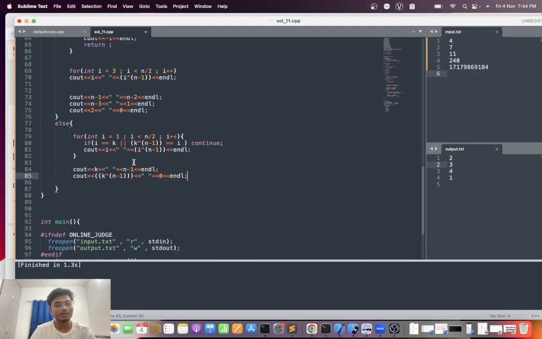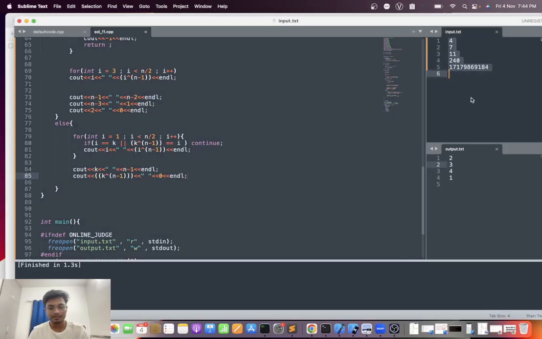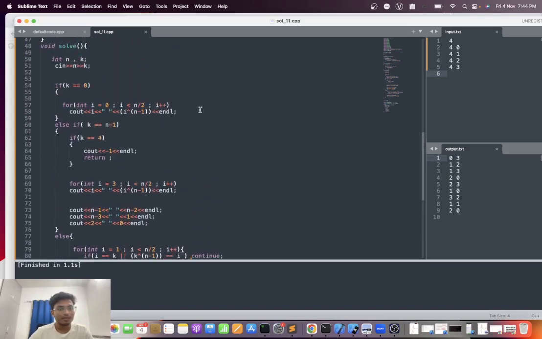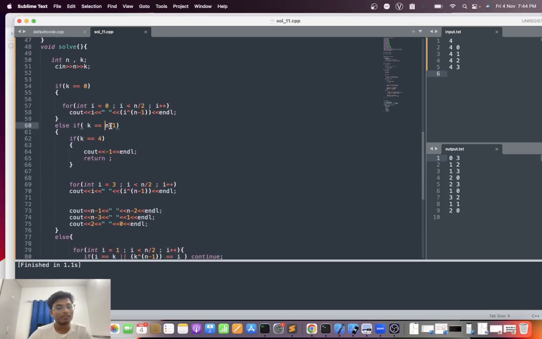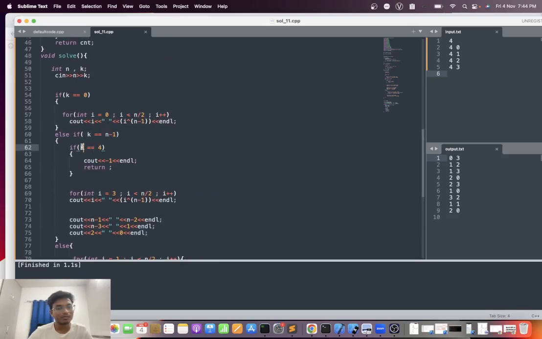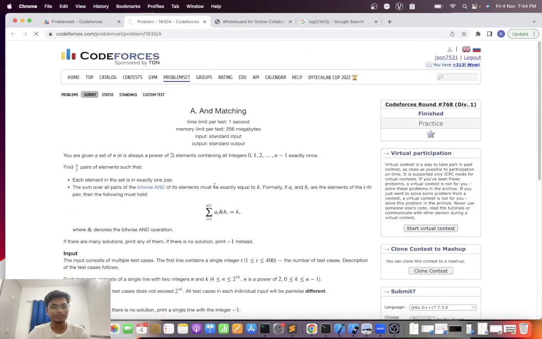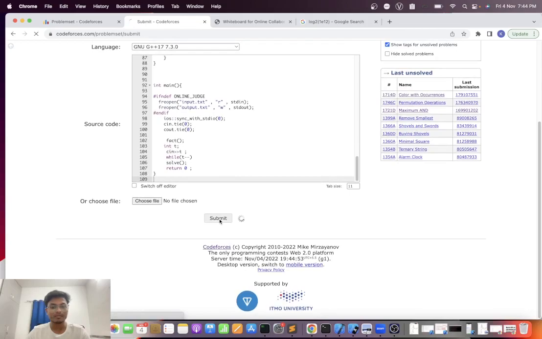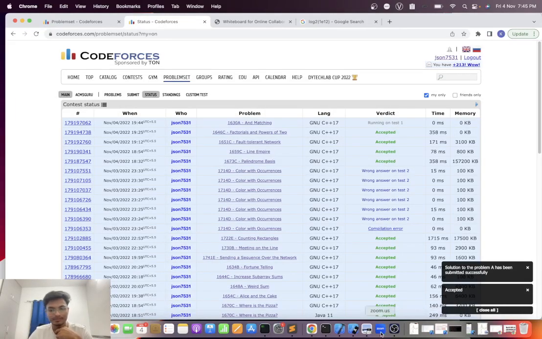This will give me 0, and from 1, okay, I'm done. Let's see, it must be working. Oh man, if k is equal to n minus 1 and, oh sorry, n is equal to 4, that's something, it is minus 1. Okay, here we go. Yes, accepted. Thank you. Thanks a lot.